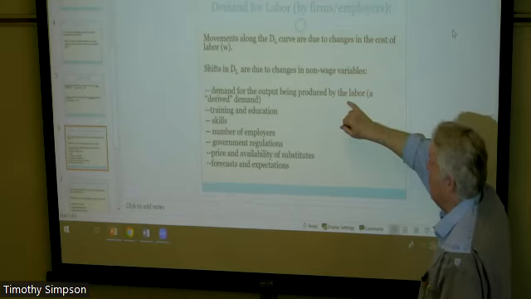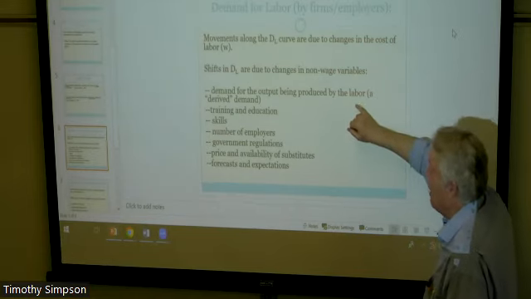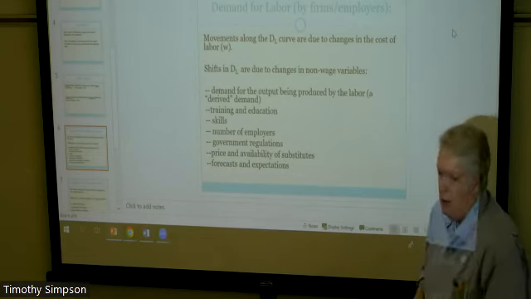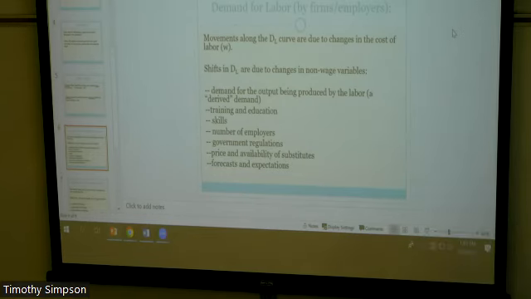We talked about this idea of labor demand being derived from the demand for whatever the output is that's being produced. So your text got into an example that if there's a rise in demand for legal services, there will be a rise in demand for lawyers.